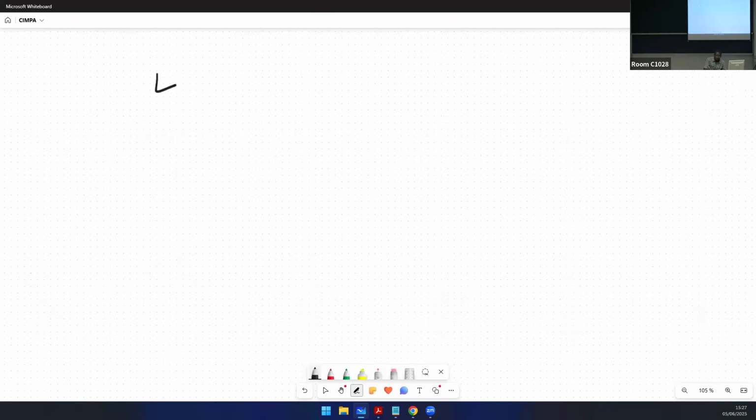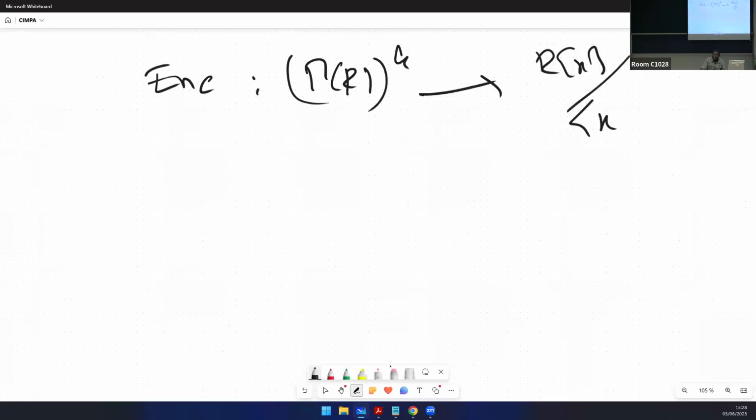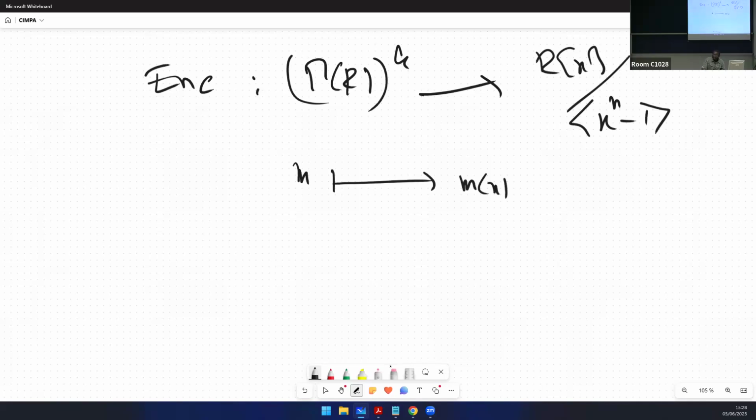I forgot theta. Teichmüller power k, R[x]. Okay. M associate m(x). m(x) is the polynomial representation of a message M. D(x), I forgot theta here.